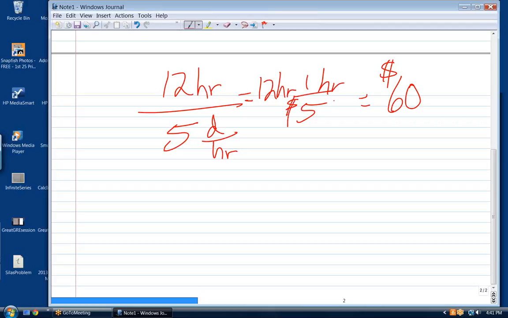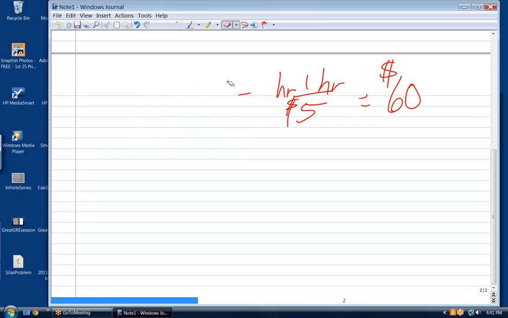So nothing cancels. I don't get dollars as an answer. I get hours squared divided by dollars, and that's not what you want. So frequently you can use the units to determine whether you're doing it correctly, if you're multiplying or dividing properly.